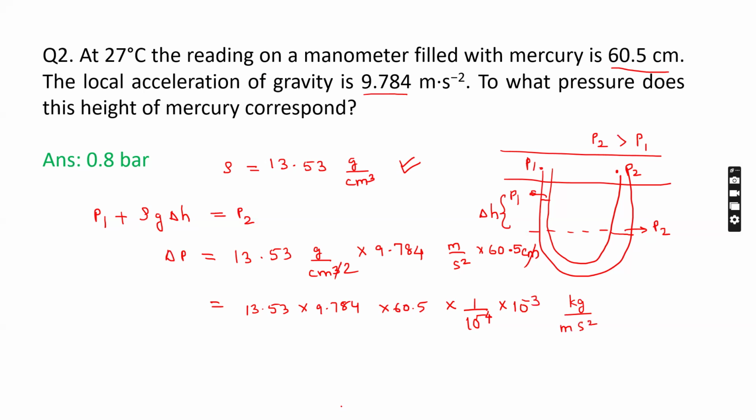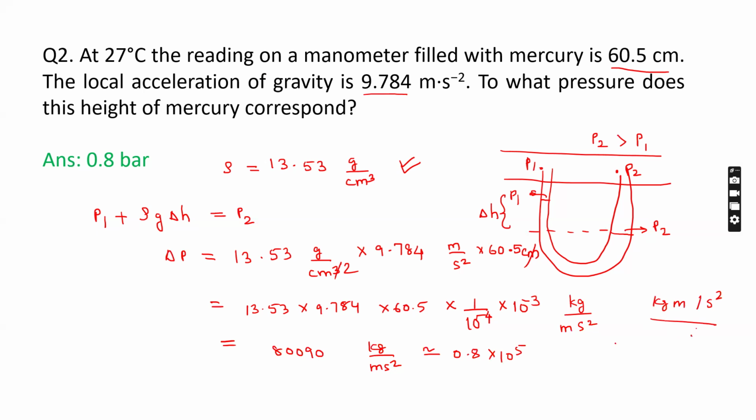It's equal to 80090 kg per meter second square, equivalent to 0.8 into 10 power 5. This kg per meter second square can be expressed as kg meter per second square by meter square.